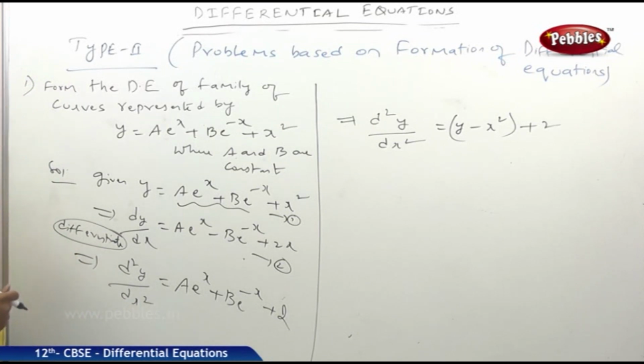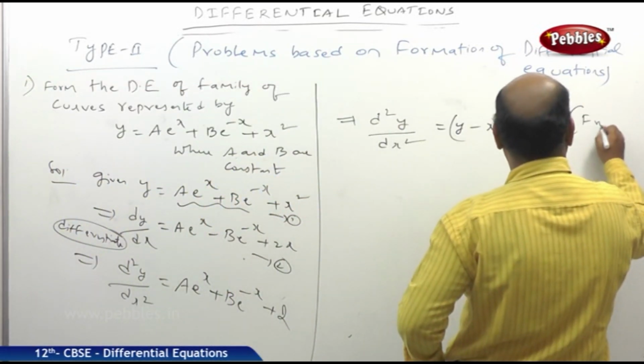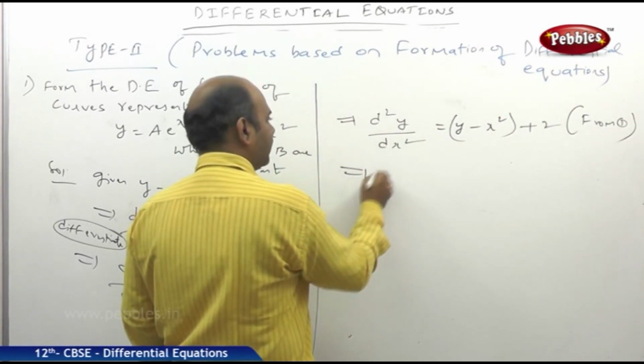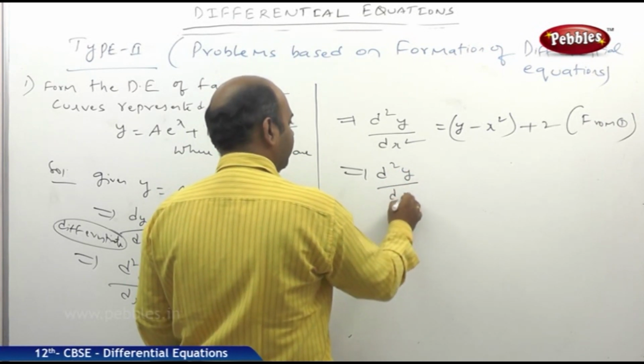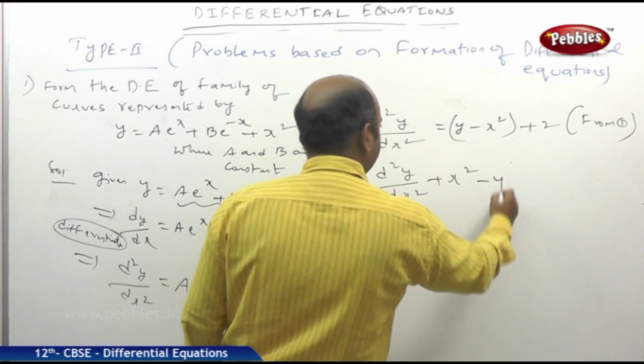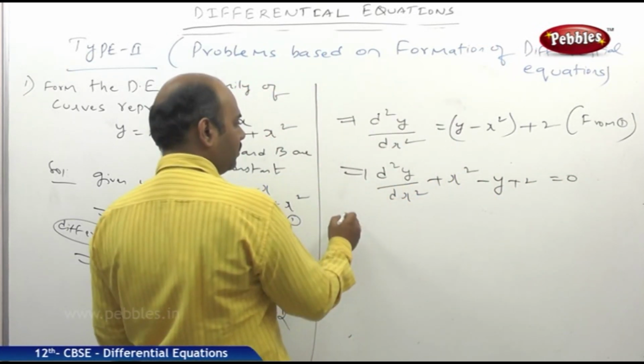Now, how I got this, I am giving the reason also, from 1. So finally, d²y/dx² + x² − y + 2 = 0.